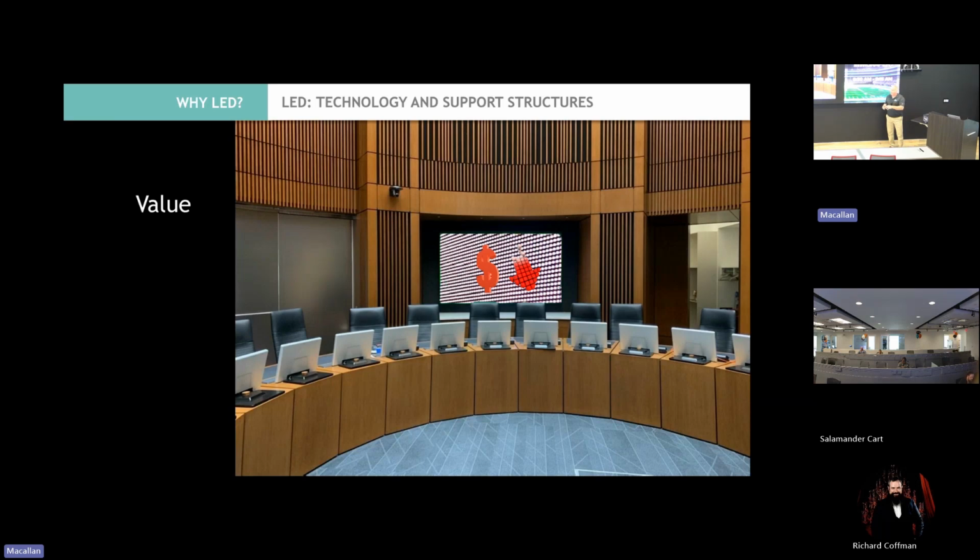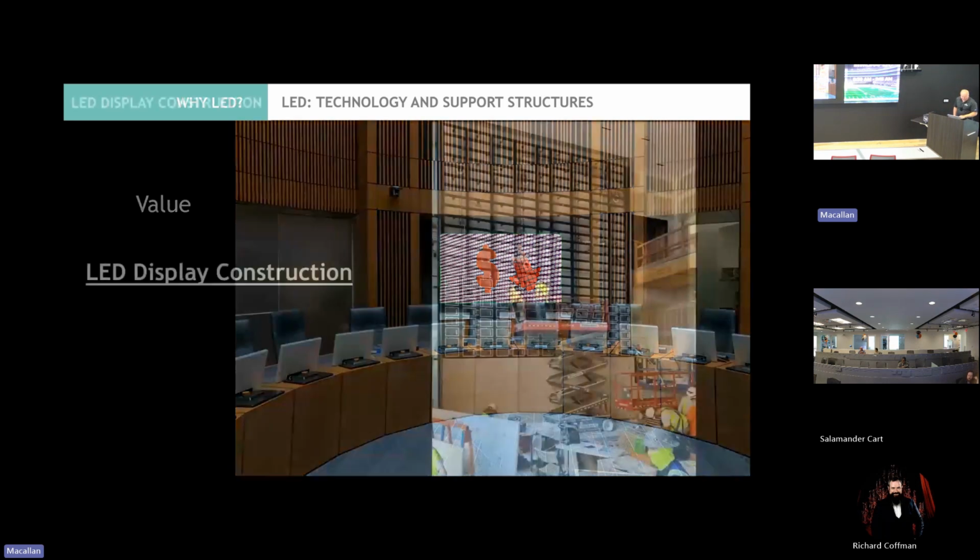But as they drive the cost down, now a lot of LED walls are similar in price to projection in a room like this. So it depends on what you want to do. Or it could be an LCD panel wall as well, which would be less money, but then you have the seams. So the options are growing with the value of the LED walls coming down in price too.